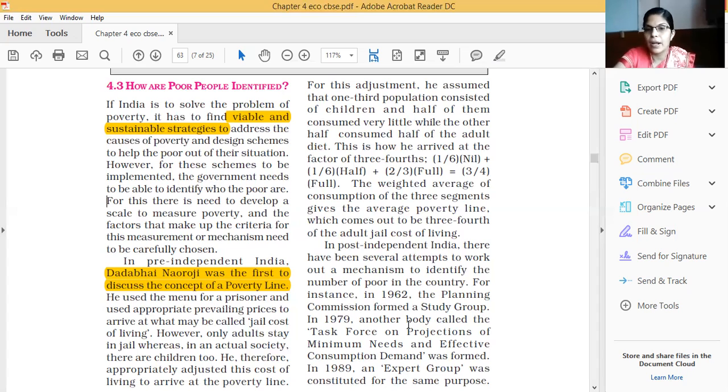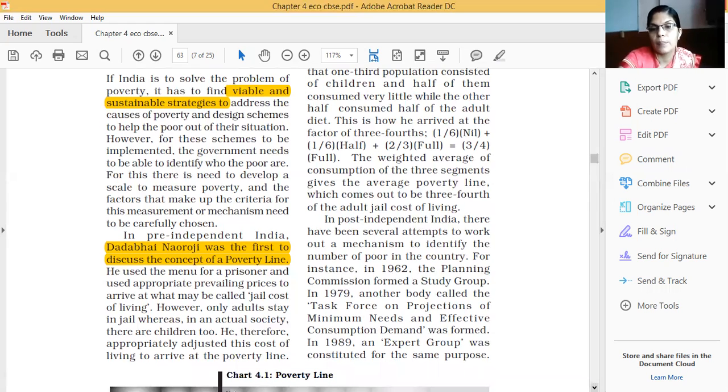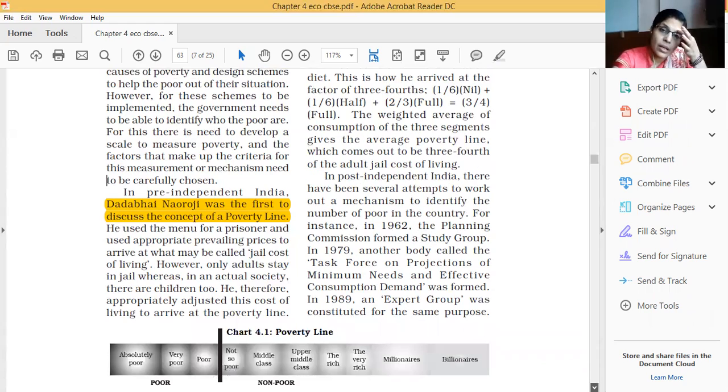In post-independent India, there have been several attempts to work out a mechanism to identify the number of poor in the country. For instance, in 1962, the Planning Commission formed a study group.